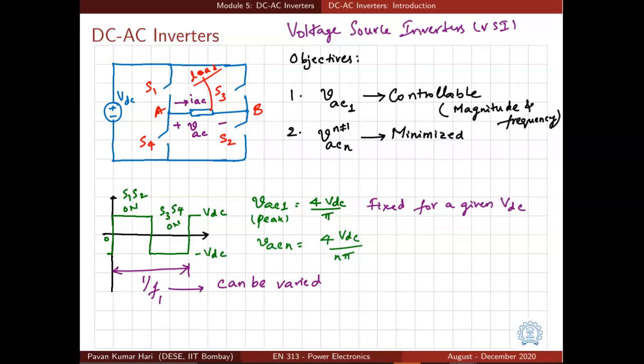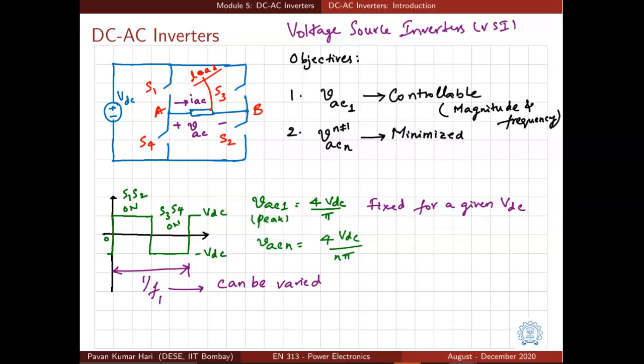If you are turning the switches on and off to generate a square wave, the magnitude of the fundamental component is not controllable, because usually we have a very stiff DC voltage input. But how about the frequency of the fundamental component? Yes, it is controllable.